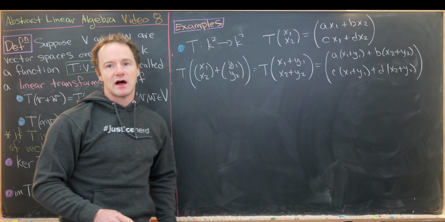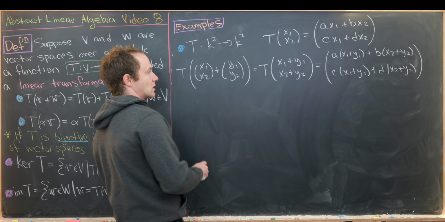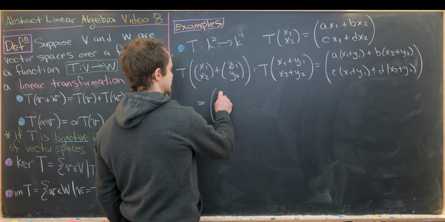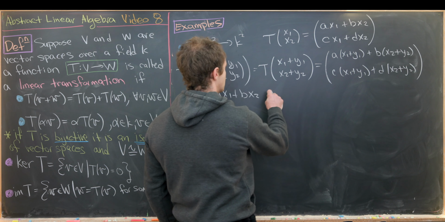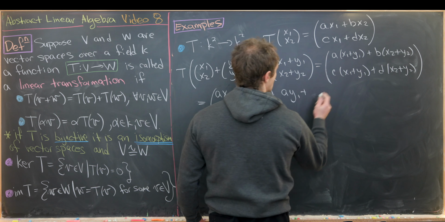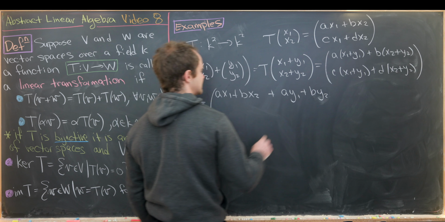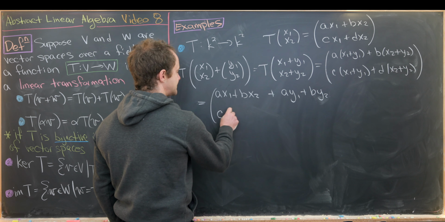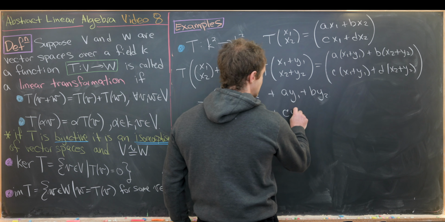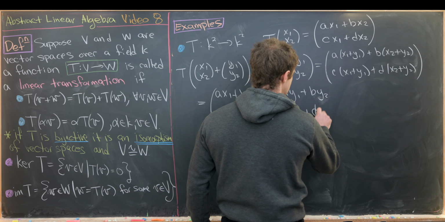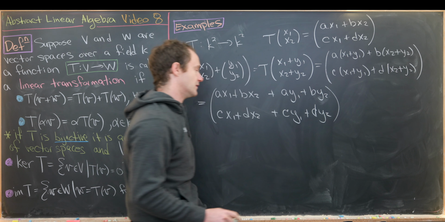But now we can multiply all of this out and then reorder, leaving us with something like this. So we'll have ax1 plus bx2 plus ay1 plus by2. So that's in the first component. Then we'll have cx1 plus dx2 plus cy1 plus dy2. That's in the second component.